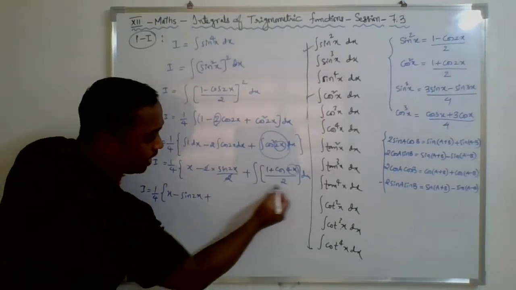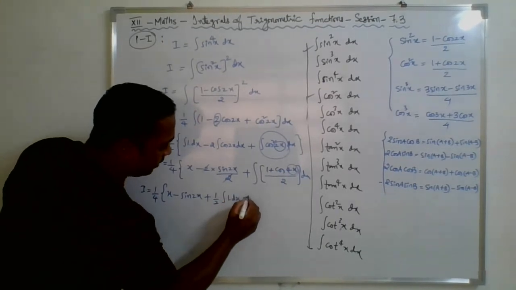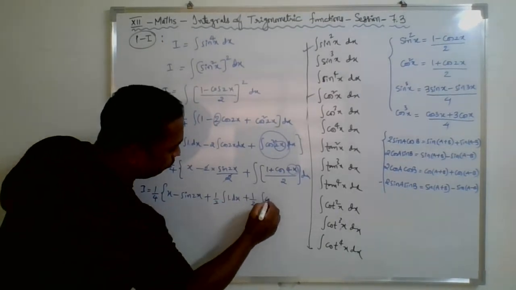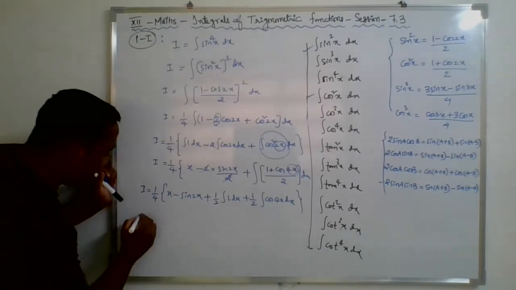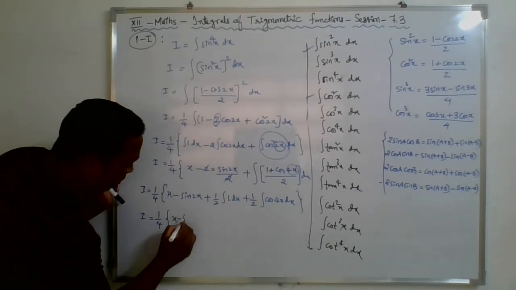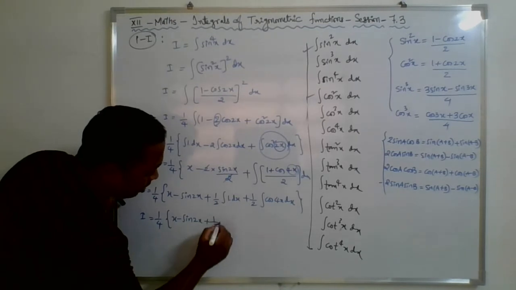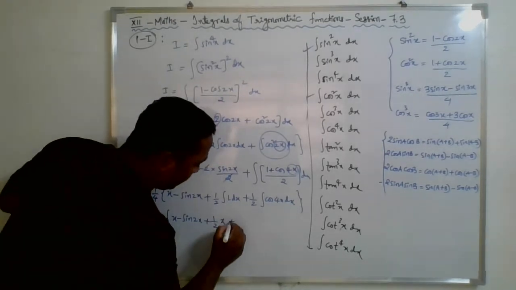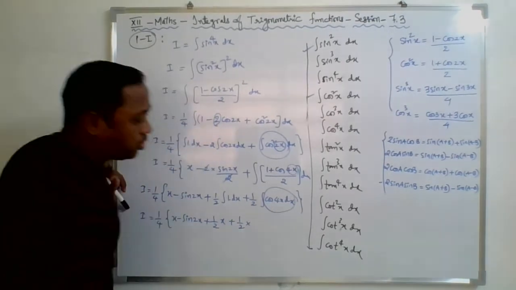plus, when you again separate this one, it will convert into 1 into dx plus half into cos 4x dx. Now I is equal to 1 by 4 into (x minus sine 2x plus half into the integration of 1, x, plus half into the integration of cos 4x.